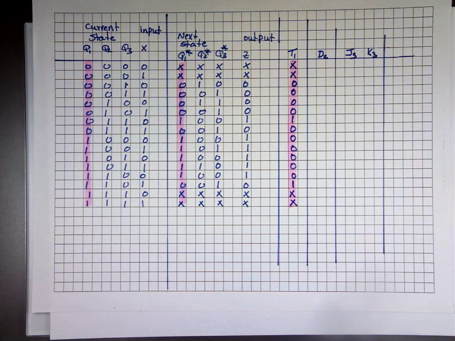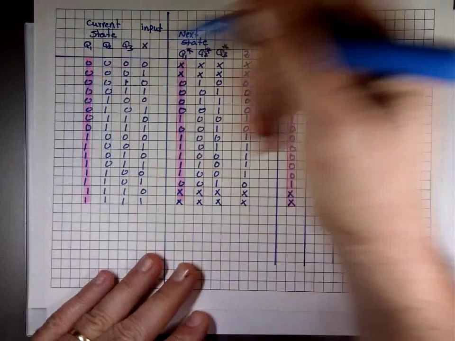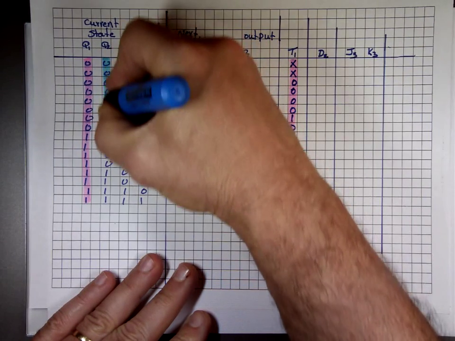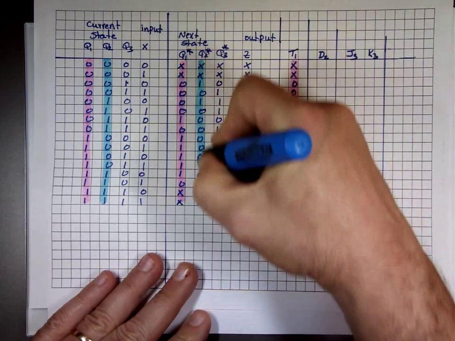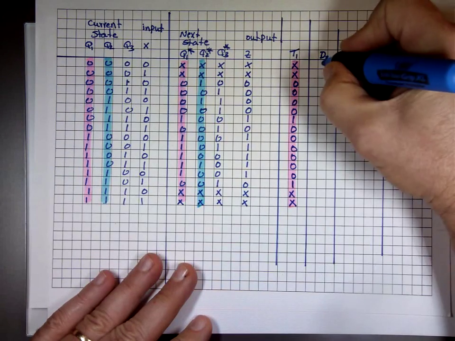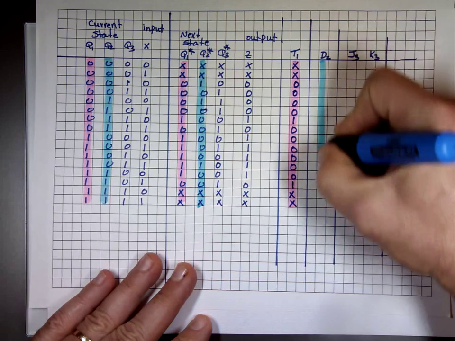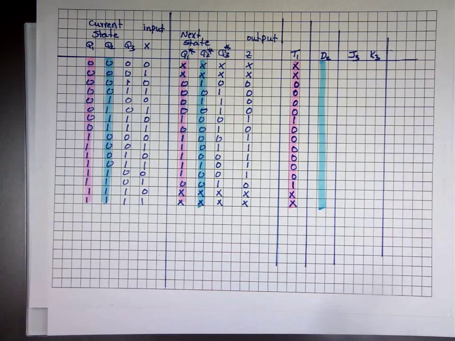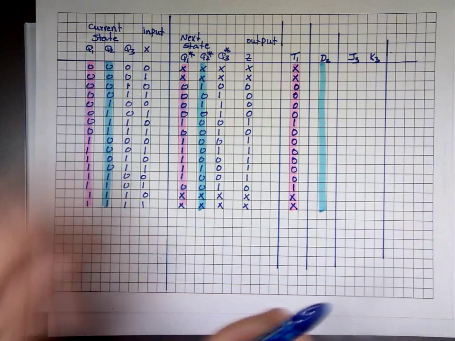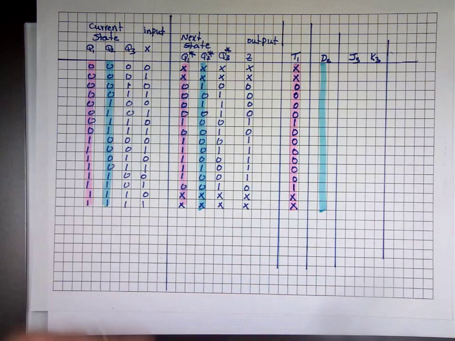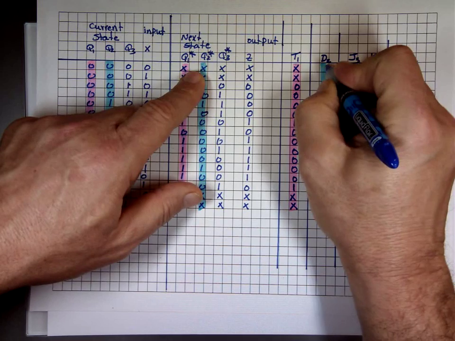The next one is the D flip-flop. The good news about the D flip-flop, usually D is whatever the next state is. So you don't even have to look at this. It's called data flip-flop, so it's going to be whatever you have here.